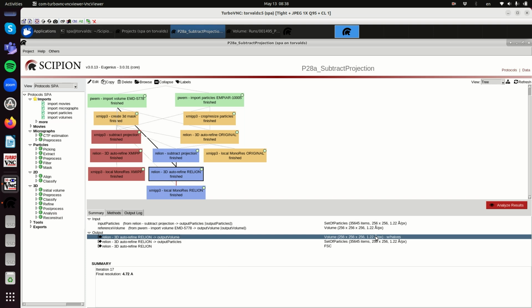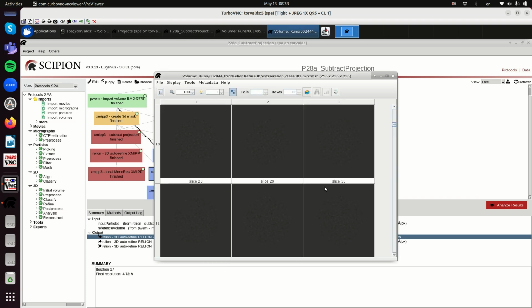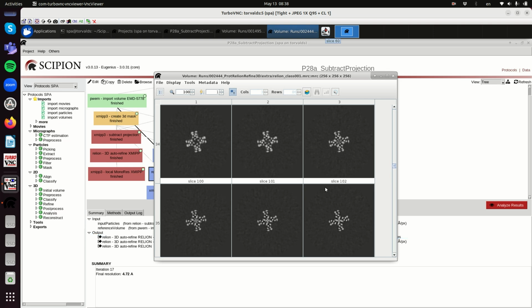And then when you auto refine, you have the same structure, but now without the nanodisk. So in principle, the nanodisk prevents a bit the alignment of the structure. So in principle, the FSC should have improved.